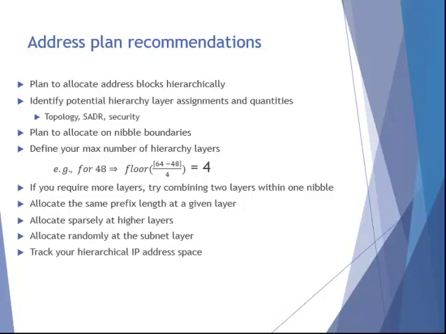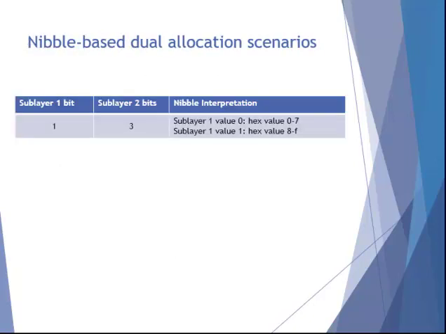So you want to track your allocations made at each layer, at each branch of the tree that you end up with through the hierarchical address space. It adds a little more tracking work, but the efficiencies in terms of making your life easier with respect to routing and ongoing network and security management are definitely worthwhile. And if tracking it in a spreadsheet is not amenable, you could also consider an IP address management tool such as that provided by Diamond IP to vastly simplify the process.